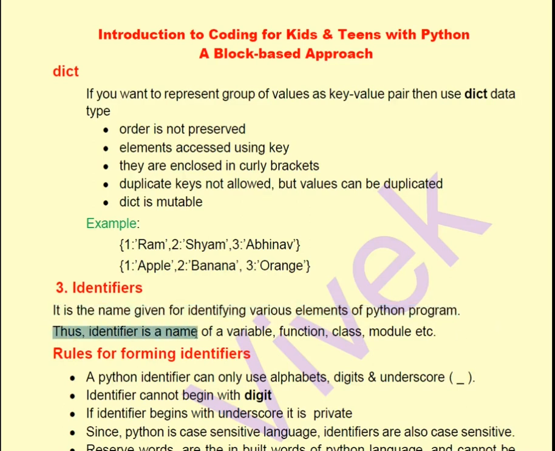Thus an identifier is the name of a variable, a function, a class, a module, etc. To identify the variable, we give a name to it. To identify the various functions of the program, we give names to them. For different classes in the program, we give names to them, and so on.